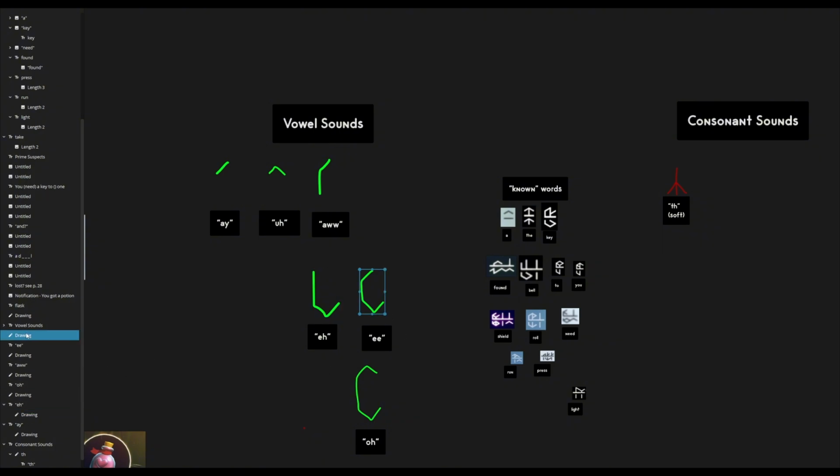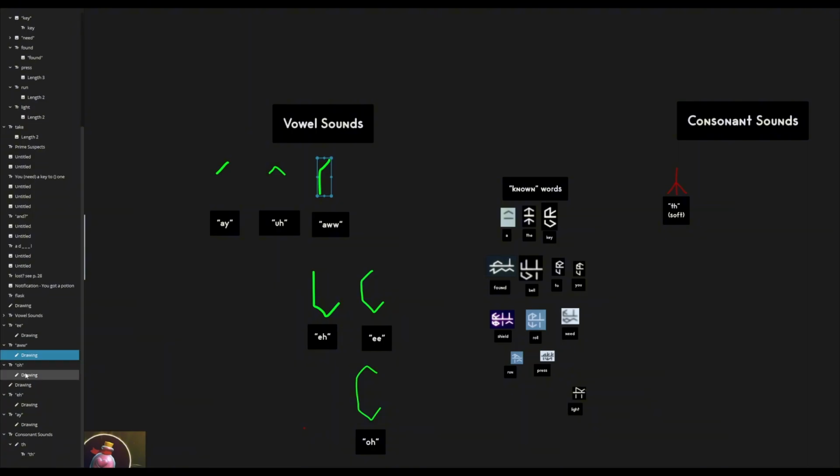That must be E. O. What? No, other way around, guys. Wait, no, that's right. Drawing goes under all. Is that everybody? I think it is.